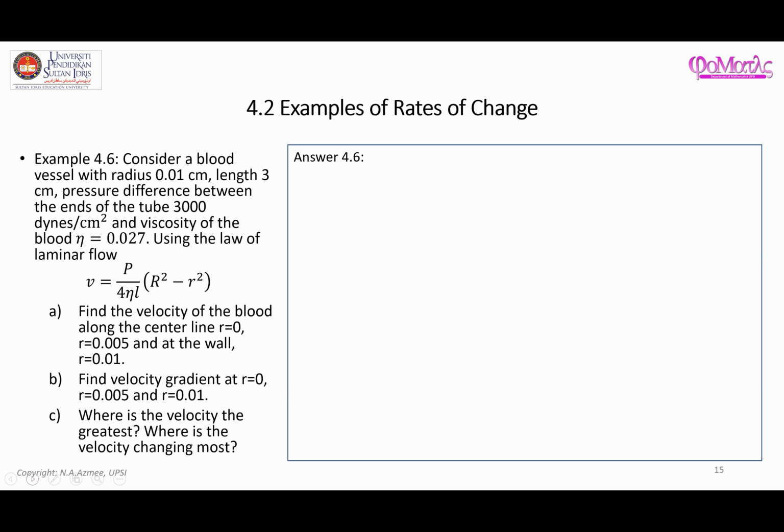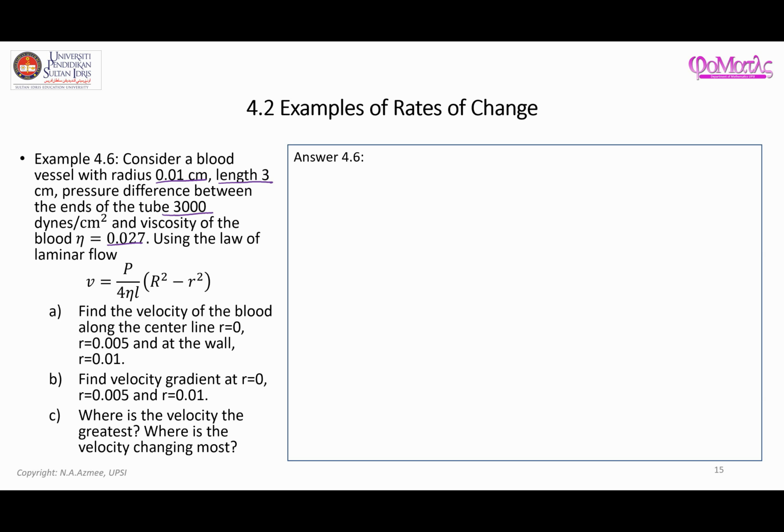Okay, let's look at this example. Consider a blood vessel with radius 0.01 centimeter, length 3 centimeter, pressure difference between the ends of the tube 3000, and viscosity of the blood 0.027.